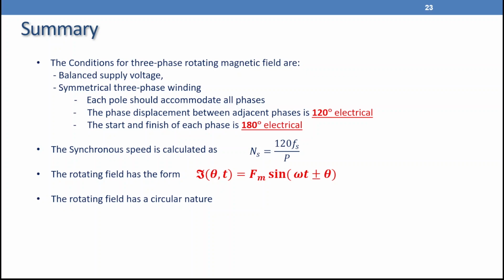We have the synchronous speed, or this field is rotating by the synchronous speed where Ns equal 120 Fs over P. Fs is a supply frequency, P is the number of poles. The rotating field has the form F of theta and t equals F maximum sine omega t plus or minus theta, where F maximum equal 1.5 times the MMF for any of the phases. We proved the rotating field has a circular nature using graphical technique and analytical technique.